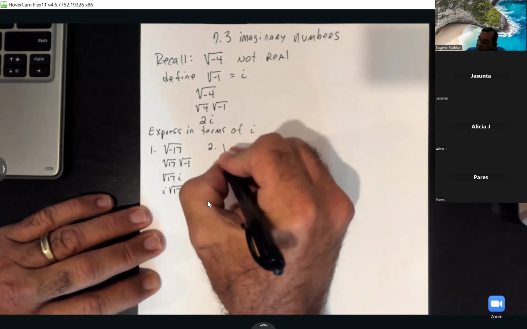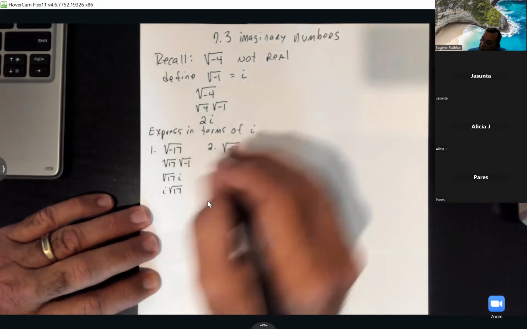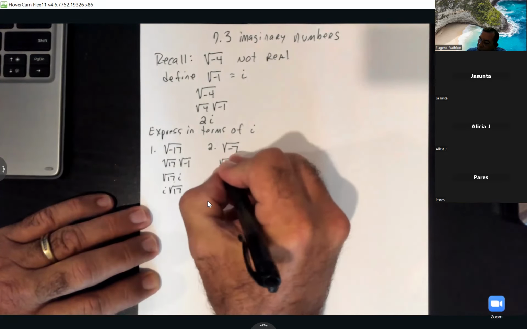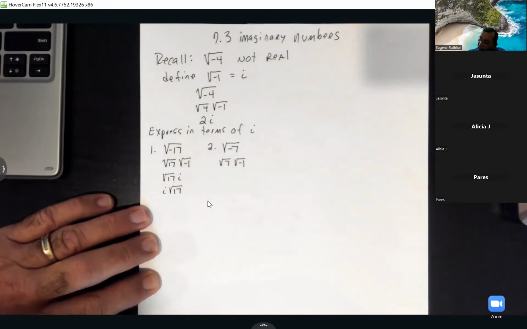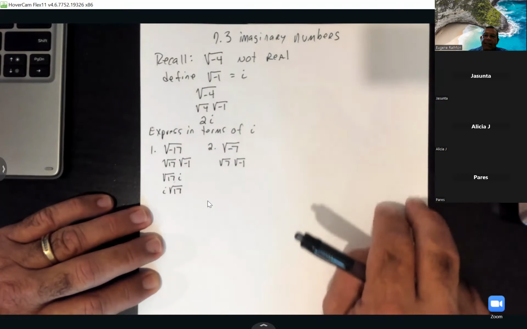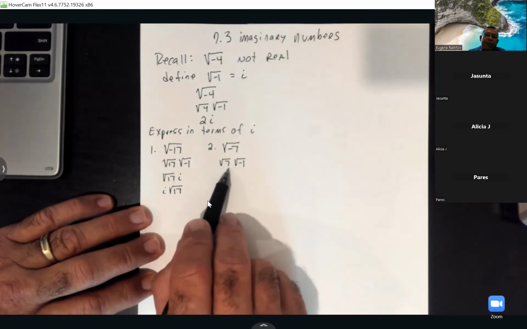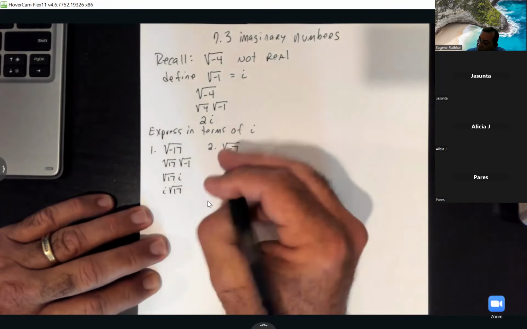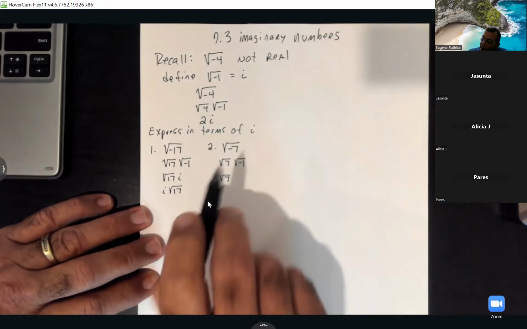Same thing with number 2. I've got the square root of negative 7. Let's break that apart into a square root of 7 and a square root of negative 1. Now remember my perfect squares I gave y'all the other day: 4, 9, 16, and so on. None of those perfect squares are a factor of 7, so the 7 will not simplify. I'm going to bring down that square root of 7.